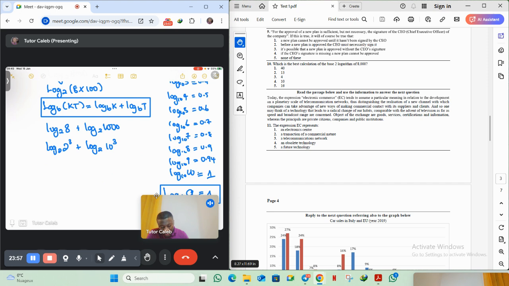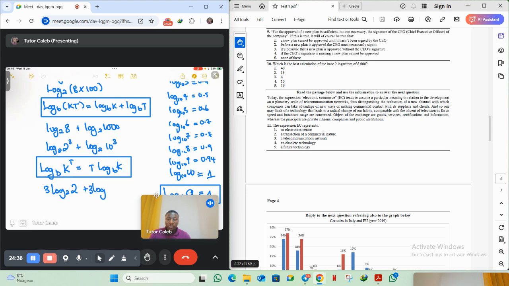The law of power states that the logarithm to the base b of k to the power t is the same thing as t times the logarithm of k to the base b. This is the law of power of logarithms. If we apply that rule on the previous step, we get 3 times the logarithm of 2 base 2, plus 3 times the logarithm of 10 base 2.